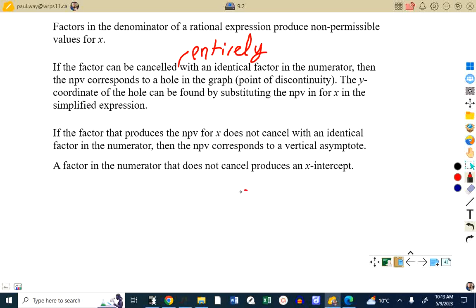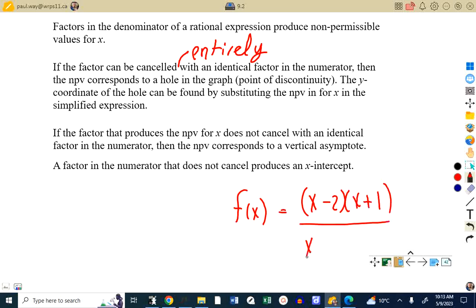If I gave you a function, we would have, by the way, an x-intercept at -1 because there's a factor in the numerator. When I say there's a factor in the numerator, I mean it doesn't cancel. Okay? It means after everything is done, you still have it there.